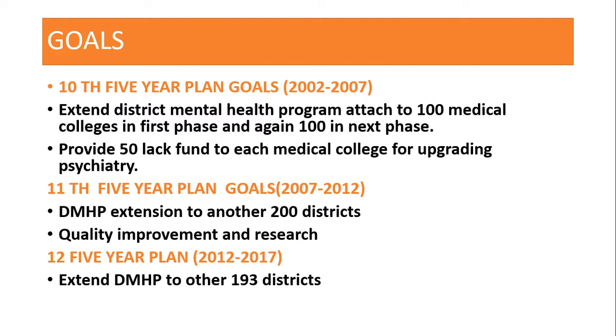Then the 11th 5-year plan, from 2007 to 2012, extended to another 200 districts, with quality improvement and starting research. Then the 12th 5-year plan, from 2012 to 2017, extended DMHP to another 193 districts. So 100, then 200, then 193 districts.